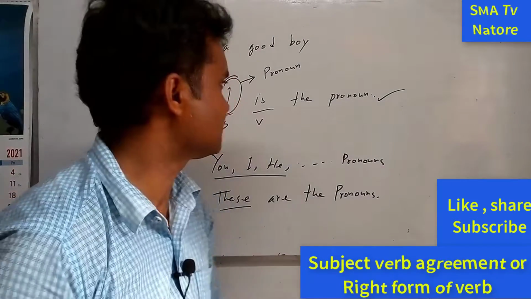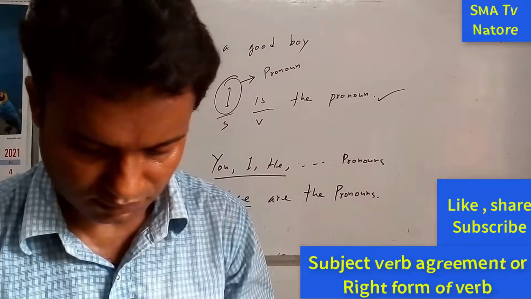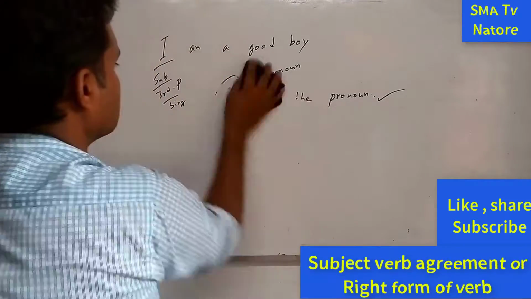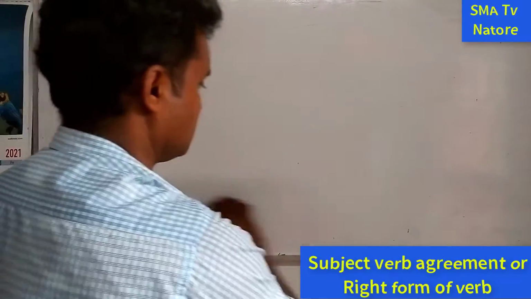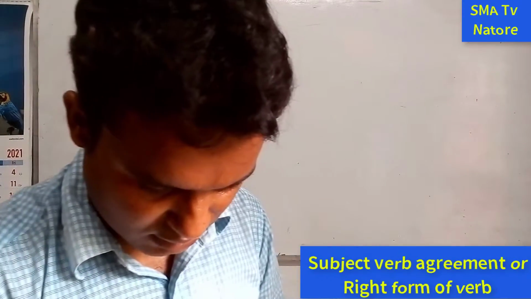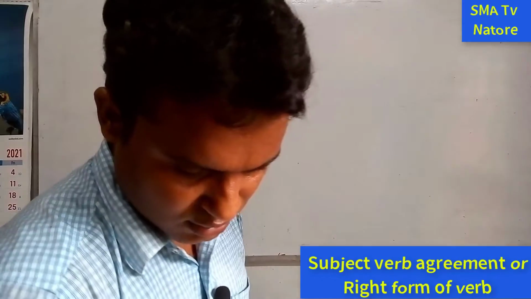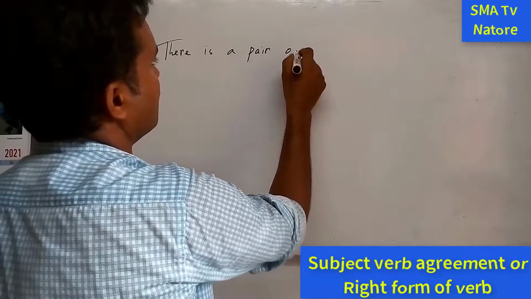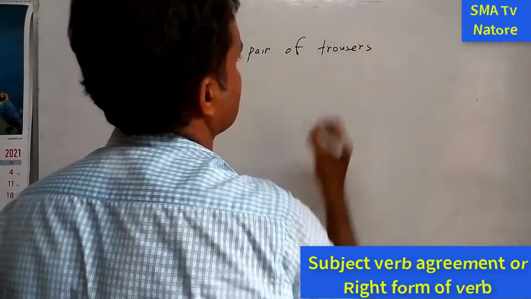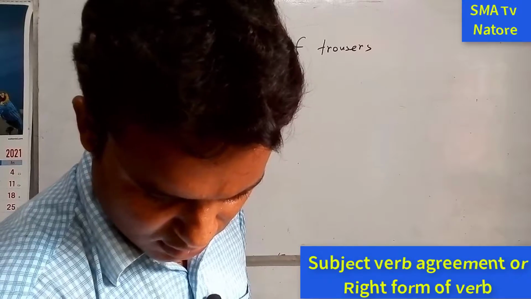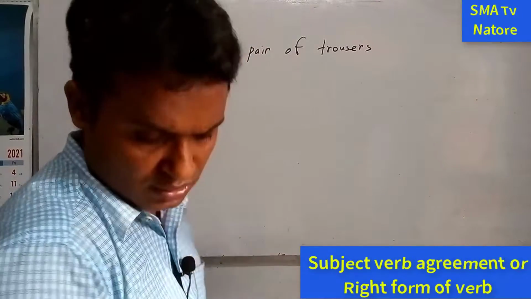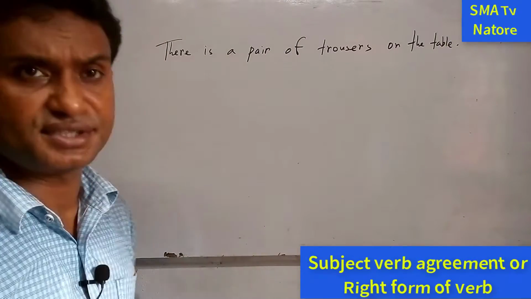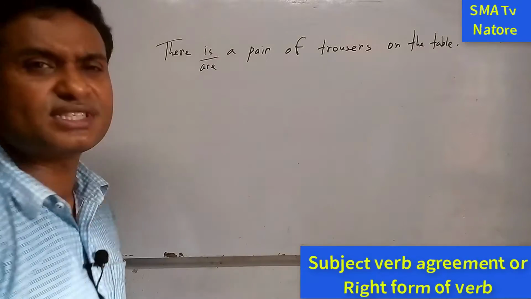Okay, let's go to another subject matter. In this sentence, "There is a pair of trousers on the table," which is the correct form here, is or are?